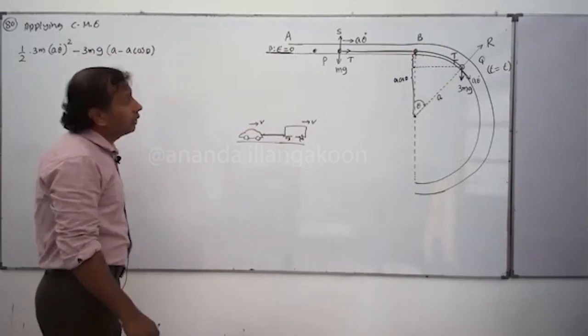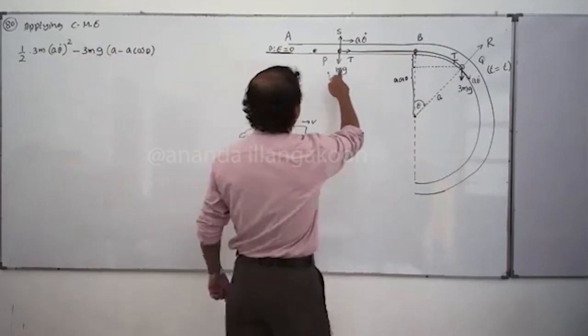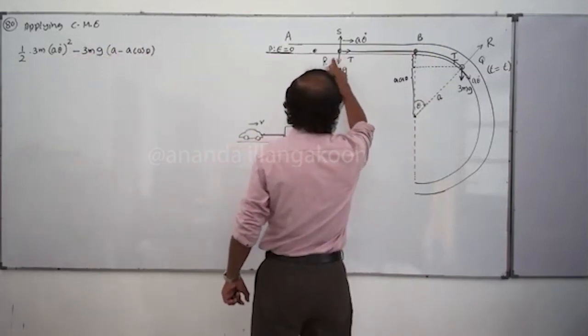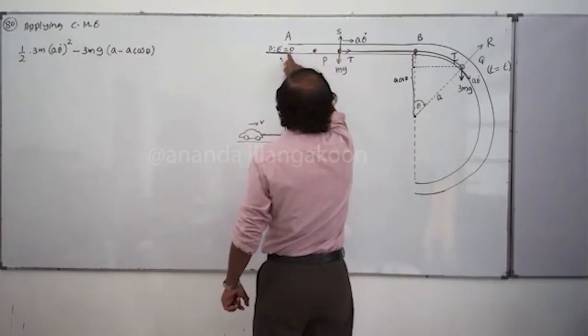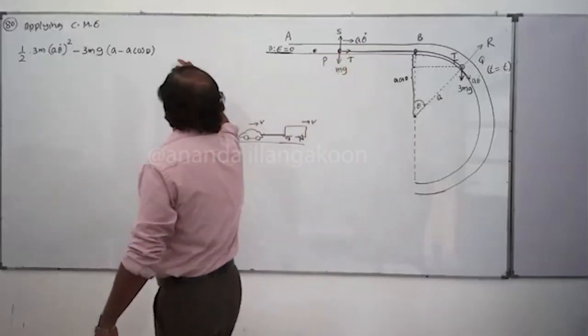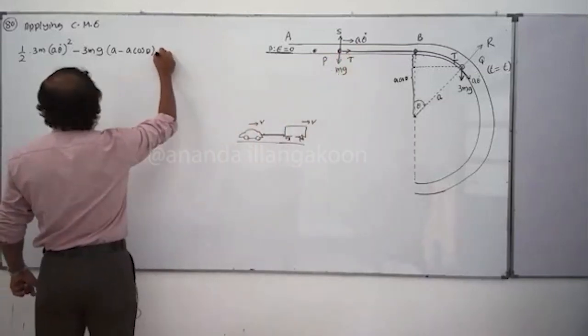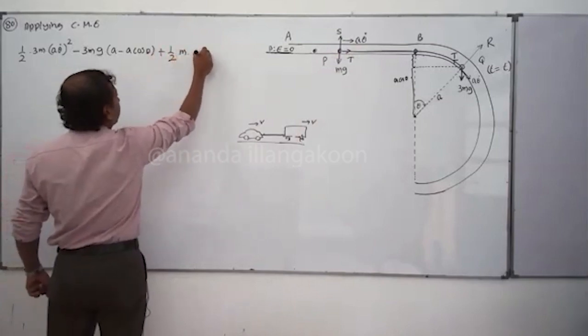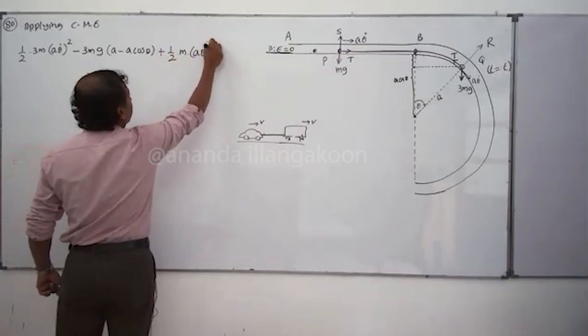Another energy the system has is the kinetic energy of the particle P at time t equals t. It is on the level of potential 0, so there is no potential energy for this particle P at t equals t. It has kinetic energy only, which is half m a theta dot squared.